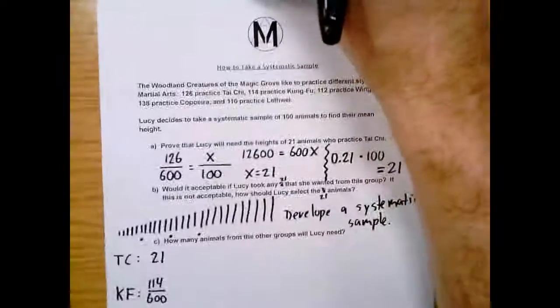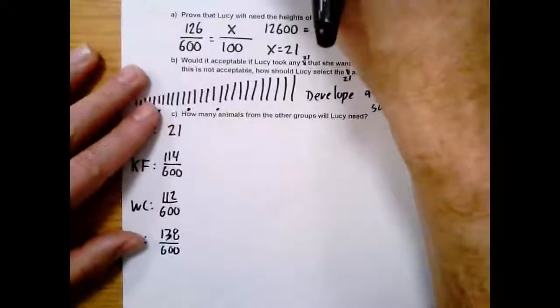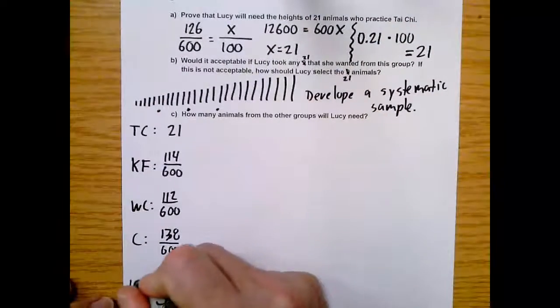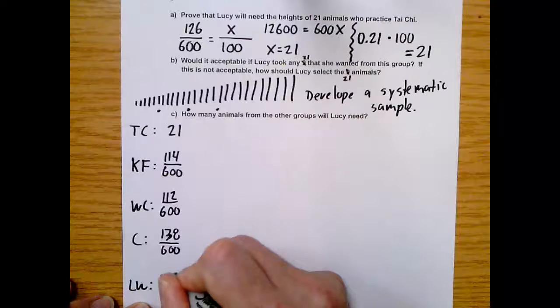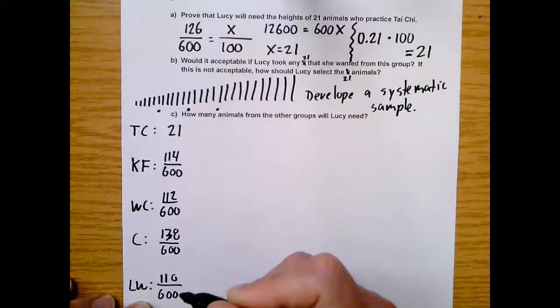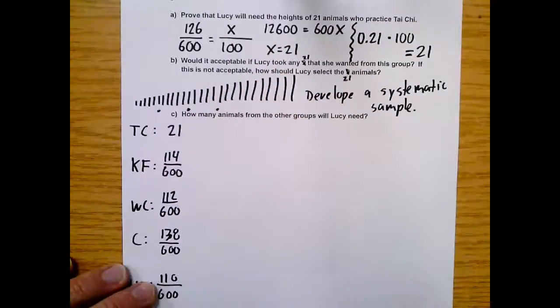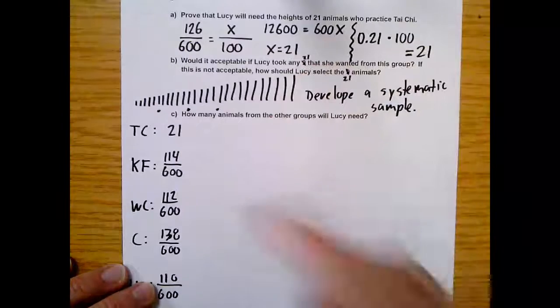And coming back up, Lethwei was 110 out of 600.